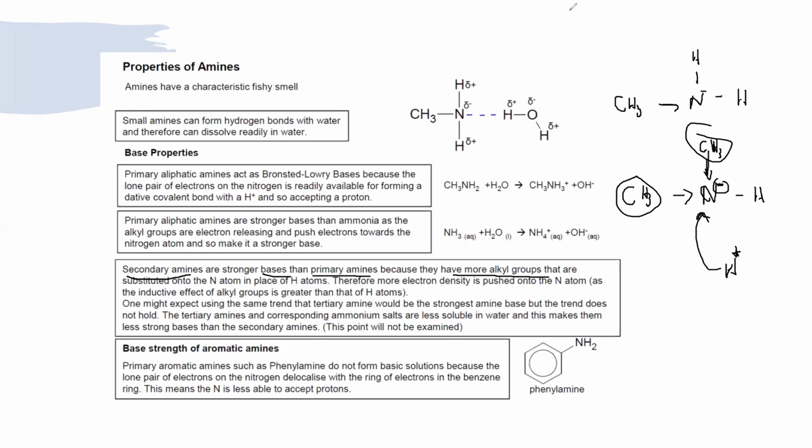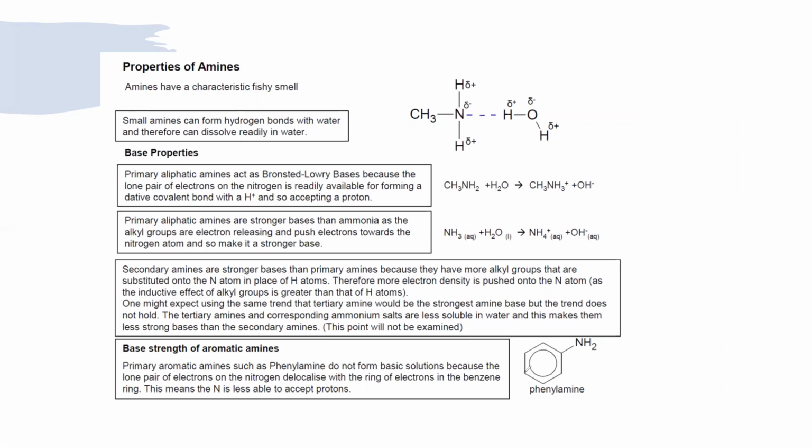And when we compare the tendency of aromatic amines, meaning an amine group attached to a benzene ring, we call them aromatic amines. So primary aromatic amines such as phenylamine do not act as a base.